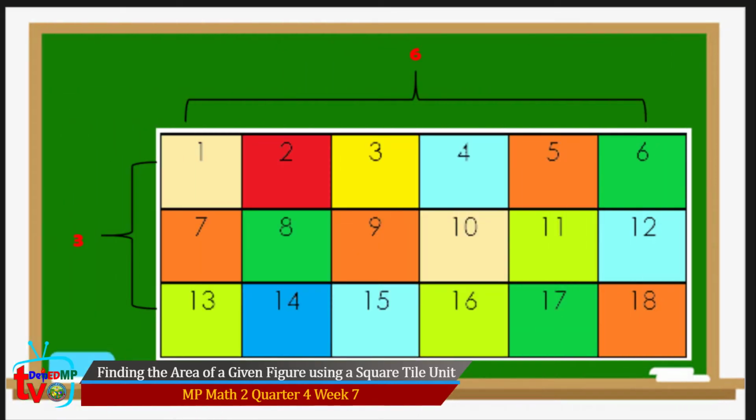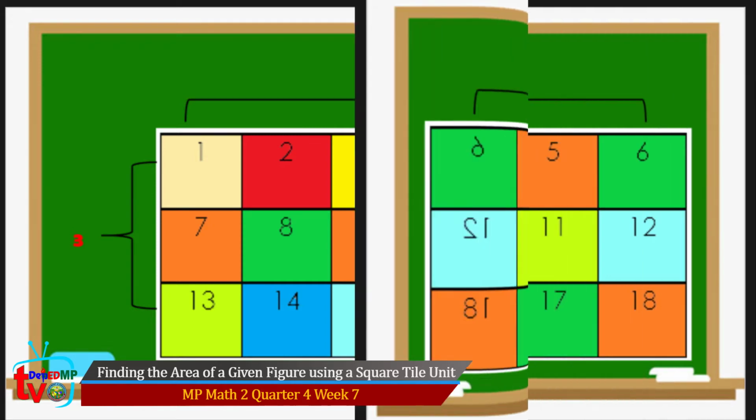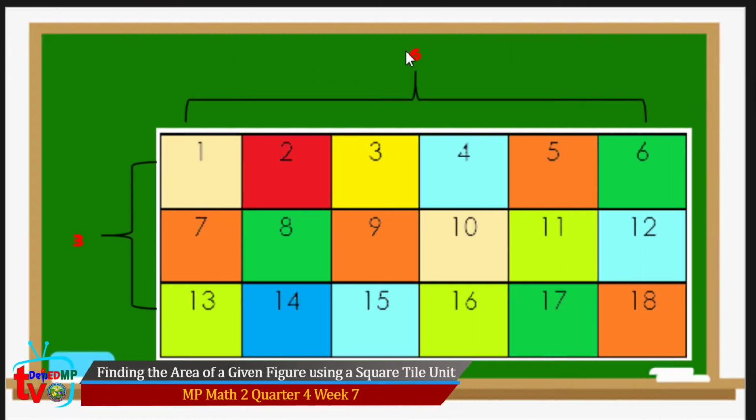How many squares do you see in the cloth's length? Let us count. 1, 2, 3, 4, 5, and 6. There are 6 square tiles for the length. How many squares are on its width?